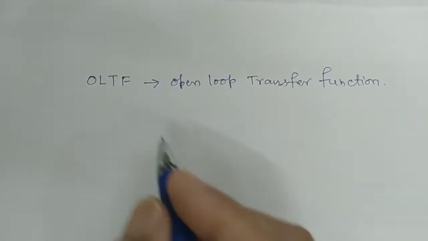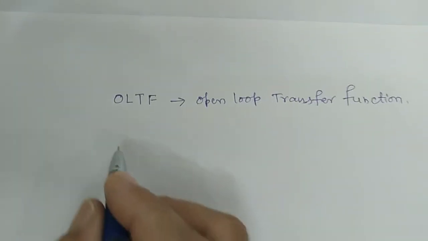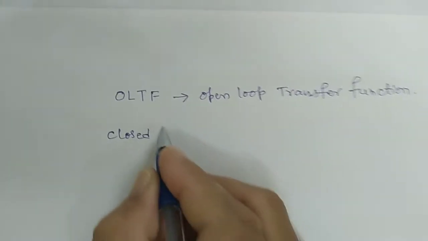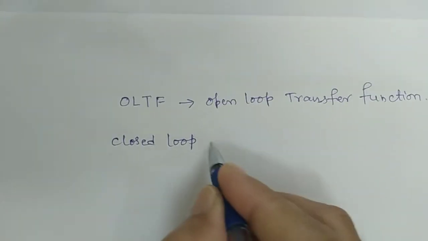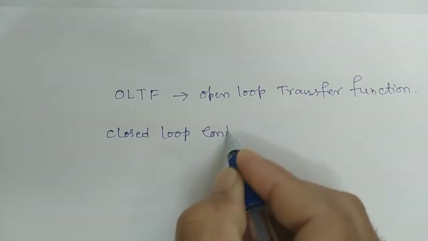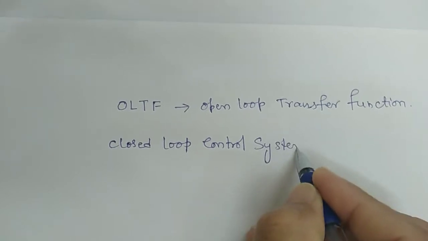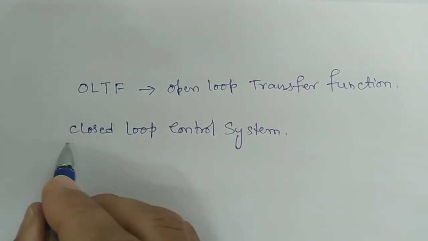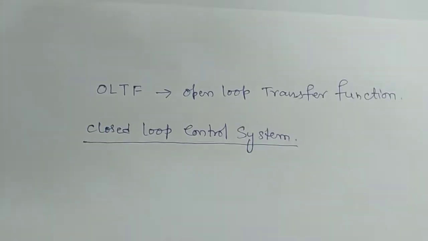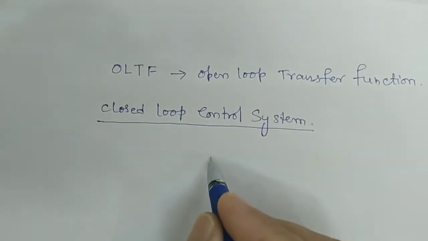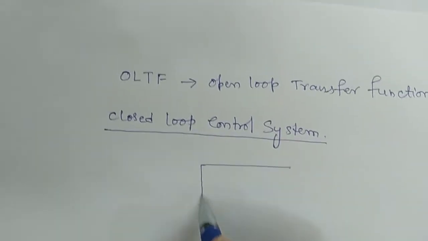Now, coming to the closed loop control system. Again, this is the same as what we have seen in our last lecture.